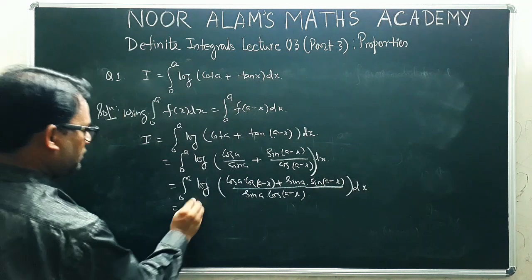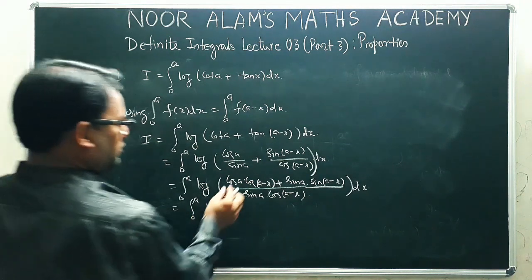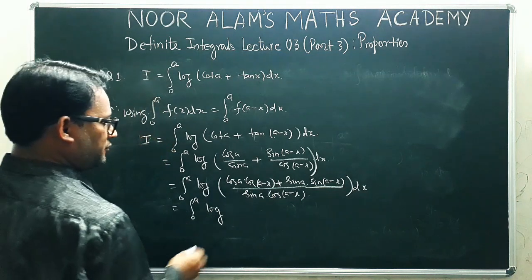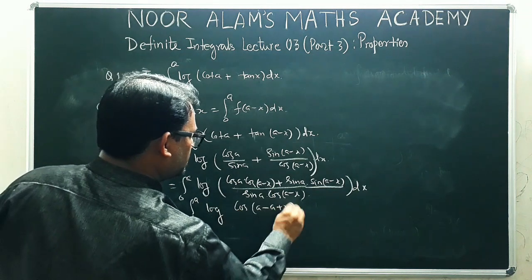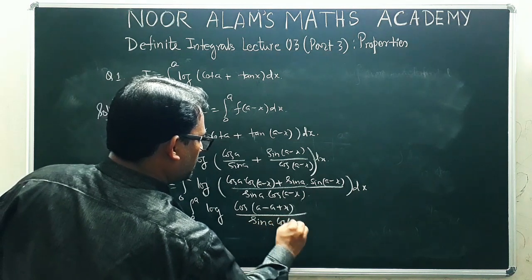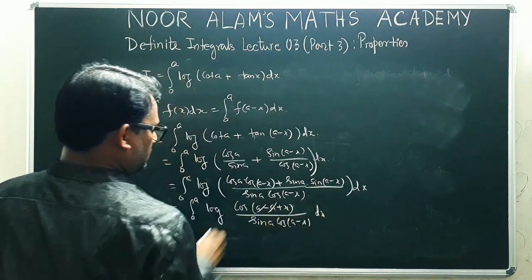Now we have cos a cos b plus sin a sin b... what is the formula? It is sin of a plus b, so this becomes sin(a plus a minus x) over sin a cos(a minus x) dx. So these two a get cancelled.